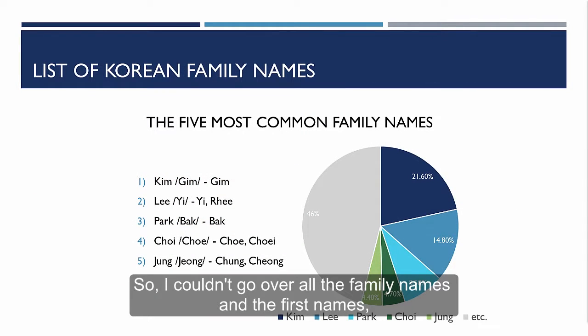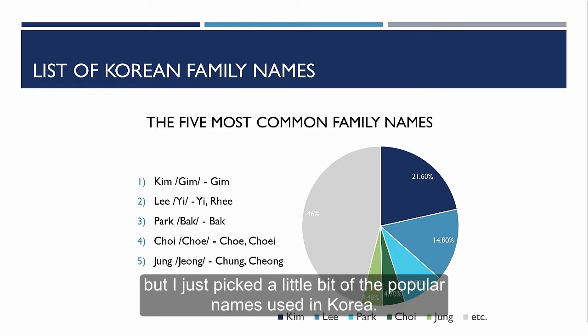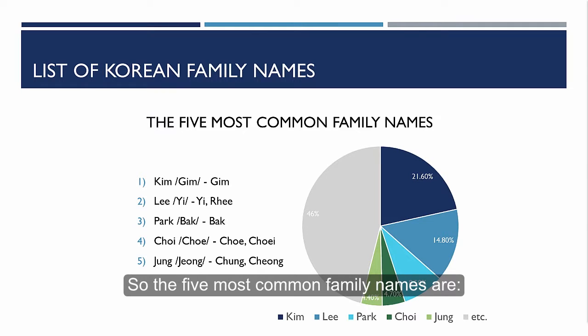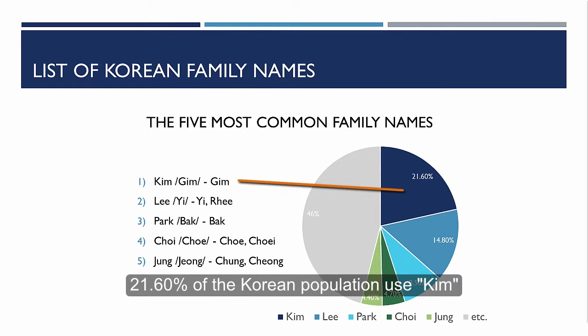I couldn't go over all the family names and first names, but I just picked a few of the popular names used in Korea. So the 5 most common family names are Kim, Lee, Park, Choi, and Jung. 21.60% of the Korean population use Kim.